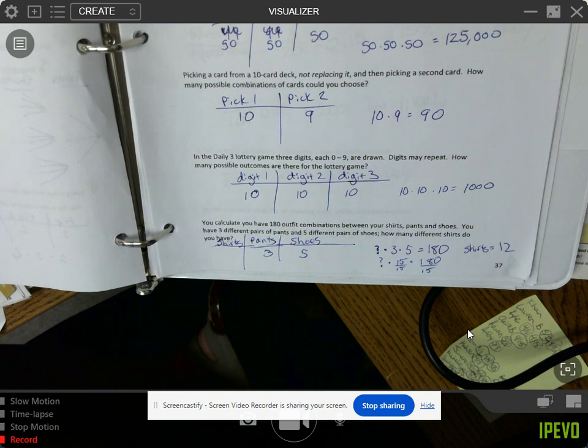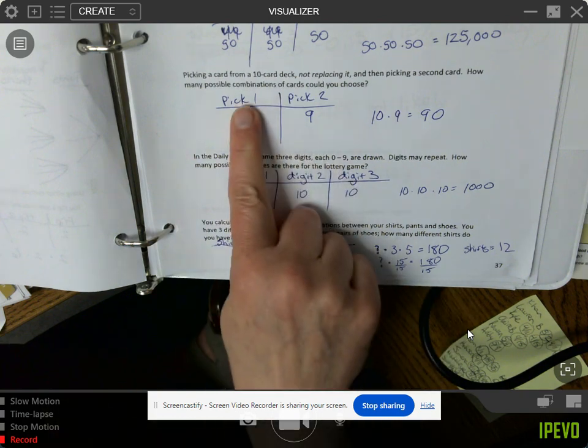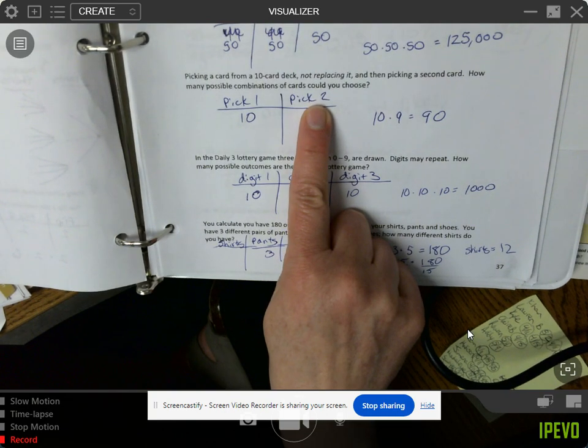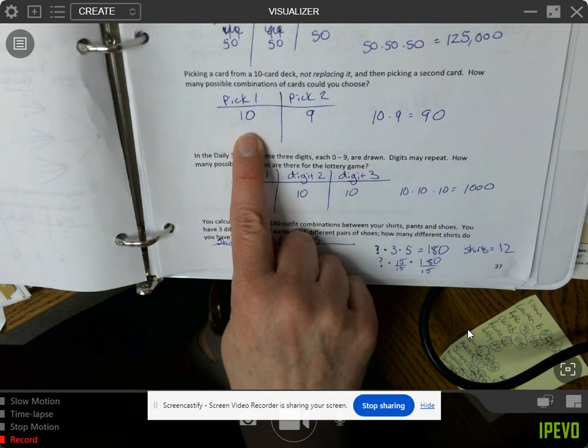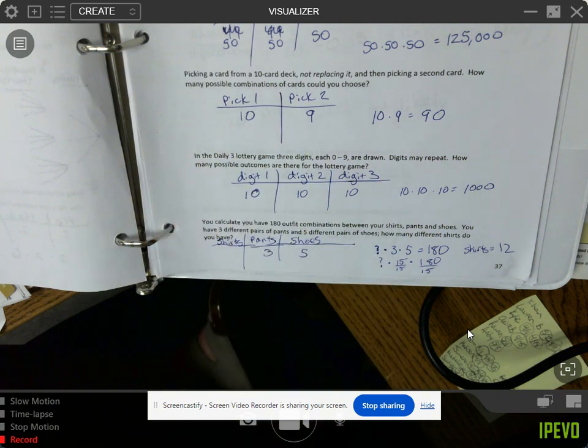How are we feeling about these outcomes? Show me your thumbs. Like I said, I saw a lot of people that had wrong answers, but that's because we messed up either with how many events there were, or we messed up with our numbers for our outcomes. So things that you need to take care of, to be thinking about when you're answering this.